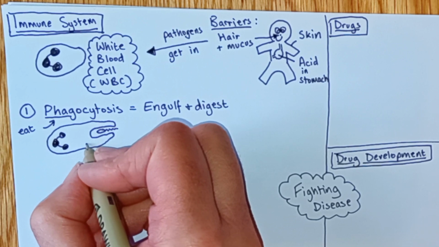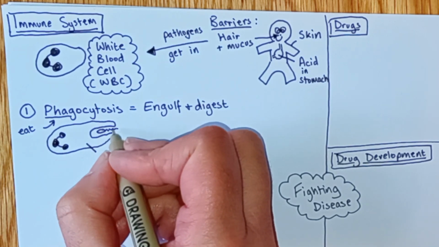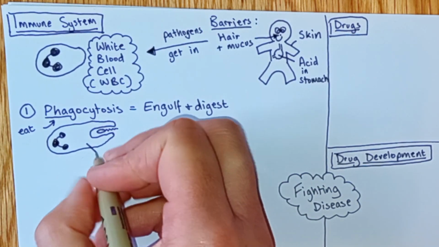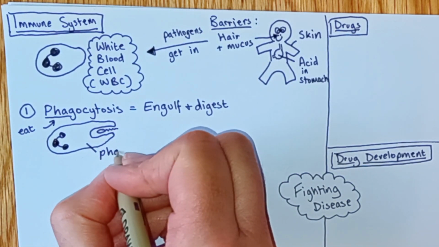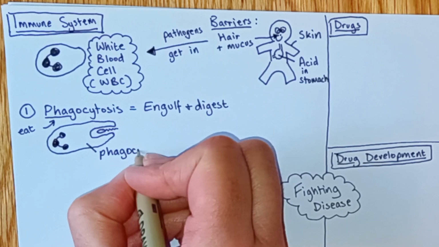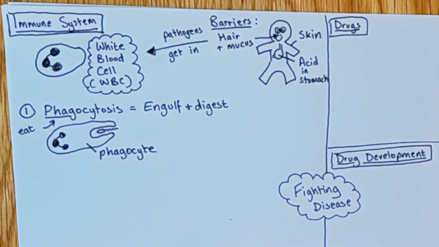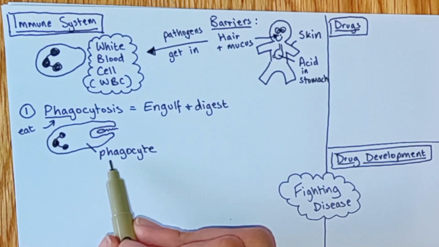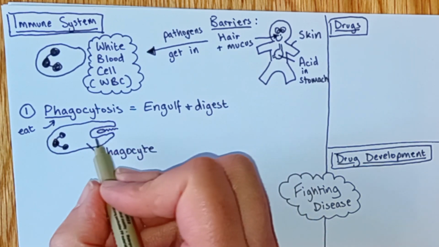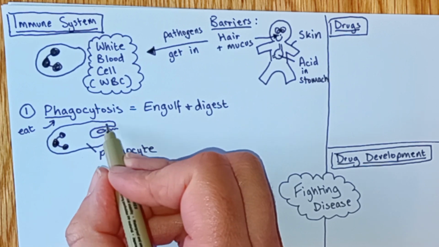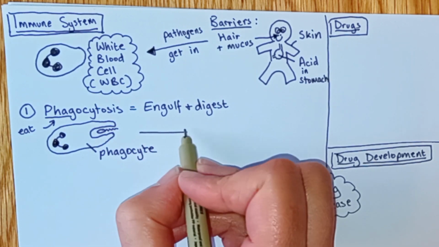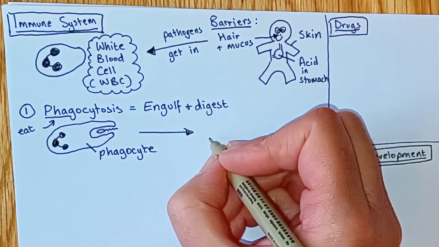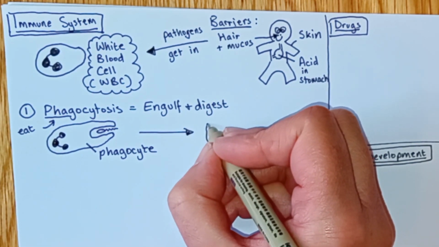The name for this type of cell that can wrap cytoplasm around pathogens and engulf and digest them is phagocyte. And again, we've got phage there to eat. So they are eating cells. And so it sends out these arms, they're called pseudopodia actually, pretend arms. And they eventually seal the pathogen inside.